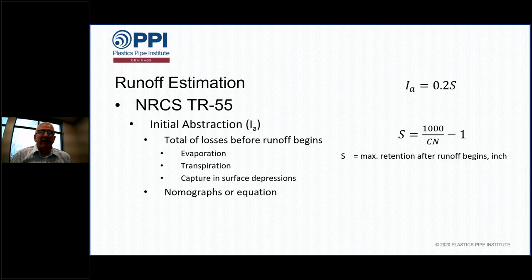There are a number of nomographs for this with TR55, so you can get the values from a chart, or there's a nifty relationship that someone came up with where your initial abstraction is equal to 0.2 S, where S is your maximum retention after runoff begins, and S is equal to 1,000 divided by your runoff curve number, minus 10. If you're looking at it from a spreadsheet standpoint, that equation is certainly much easier than trying to go about it using nomographs.